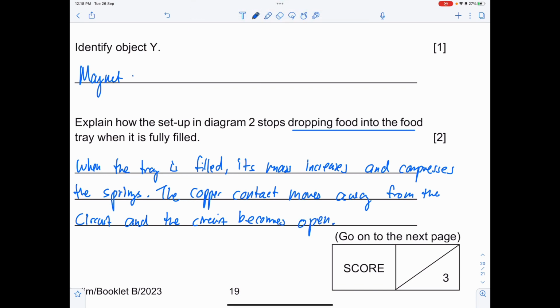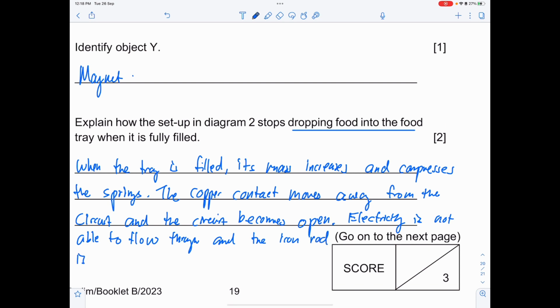Then after that, electricity is not able to flow through, and the iron rod is demagnetized.